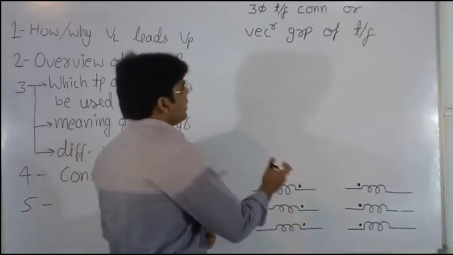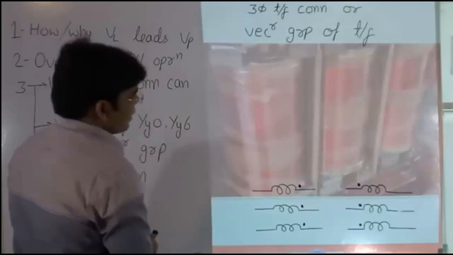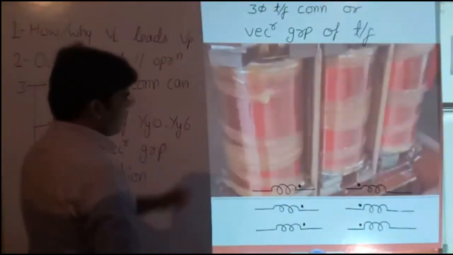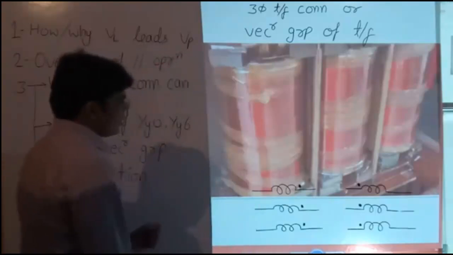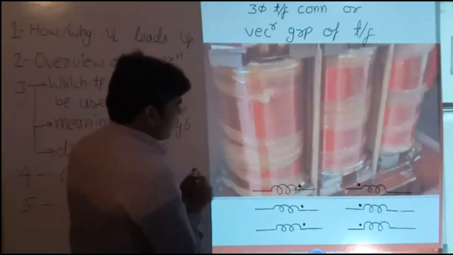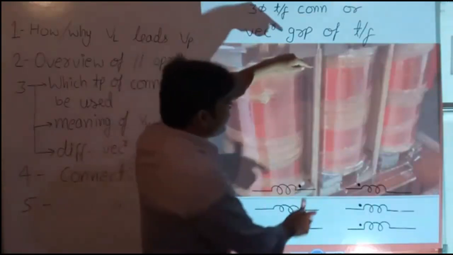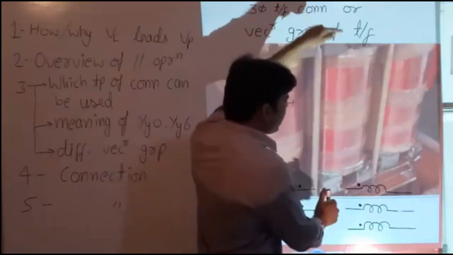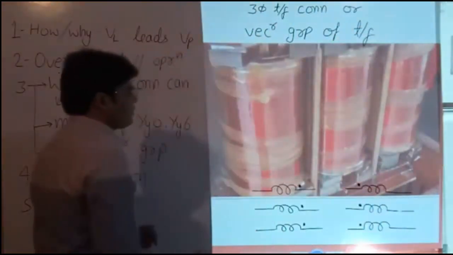So let us see a practical transformer. This is a three-phase transformer. Here we are able to see three windings. This winding will have two terminals, one upper terminal and one lower terminal. This winding will also have one upper and one lower, and here also one upper and one lower terminal.